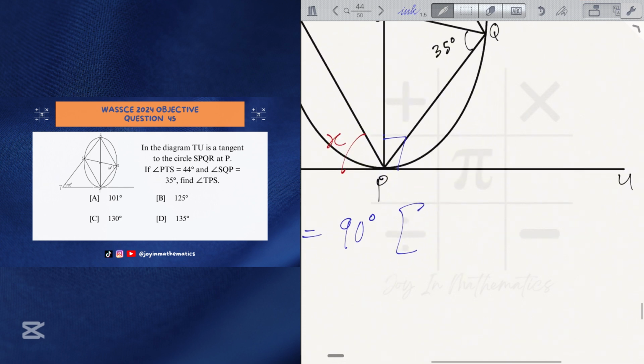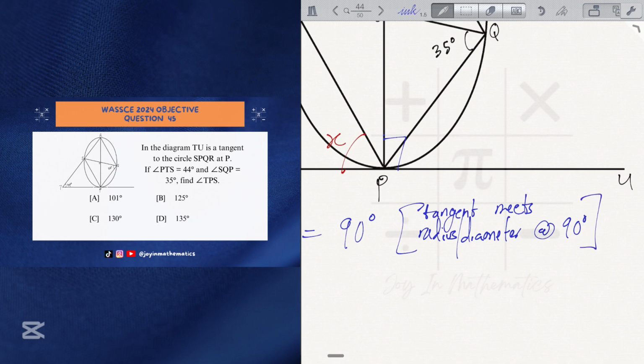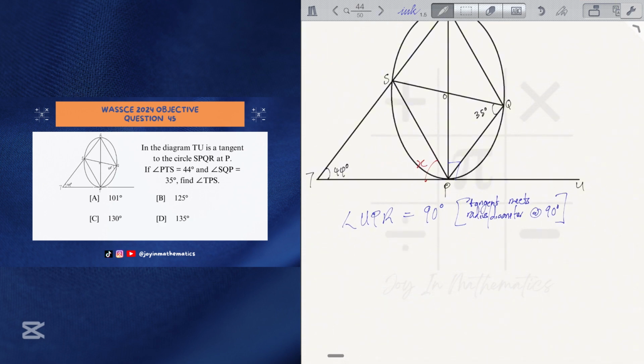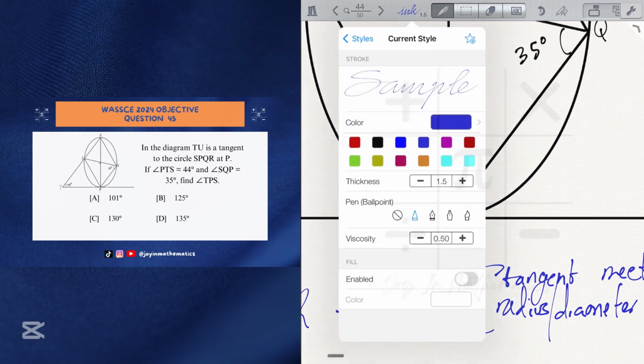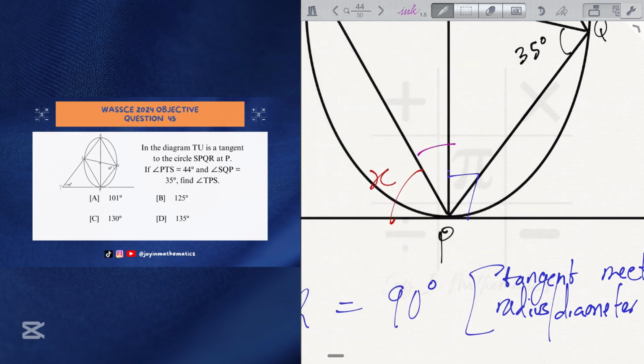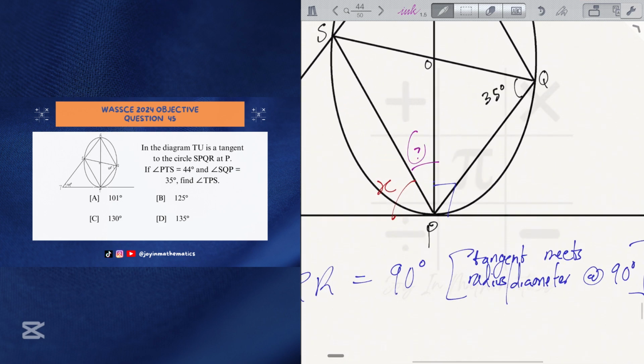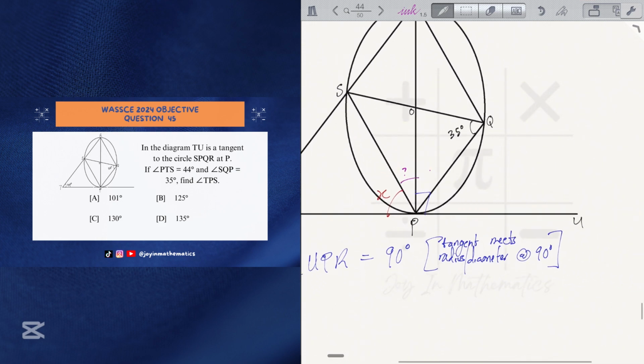So let's write it out: tangent meets radius/diameter at 90 degrees. If you want to evaluate the value of x, maybe we need to evaluate this angle, so that we can apply the sum of angles in a straight line to get the value of x. Now, can we actually get this angle? How do we go about it?